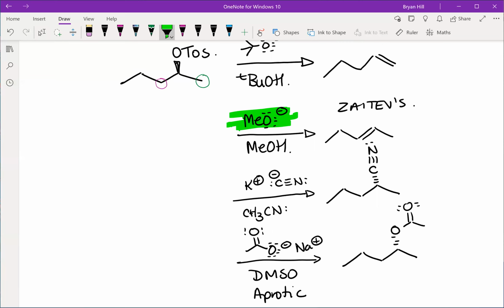So I'd use something which is stabilized by resonance. This is a far better choice of a nucleophile. I hope that makes sense. Whenever we're doing these types of reactions, we always want to do something which is efficient and gives us our major product in the highest yield possible.